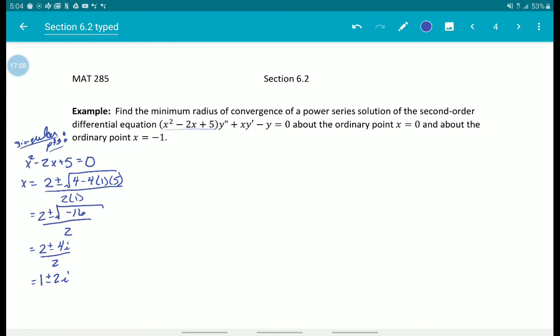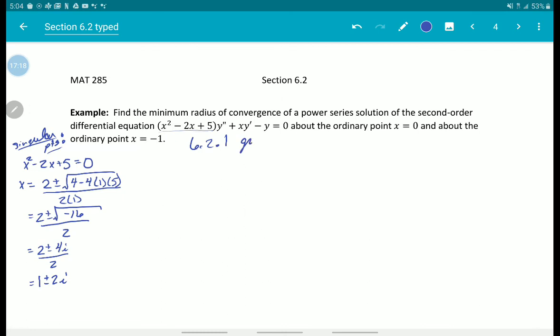So now we want to find that minimum distance. We know from theorem 6.2.1, we're guaranteed two power solutions centered at 0. So then they've got to converge where x minus x naught is less than r.